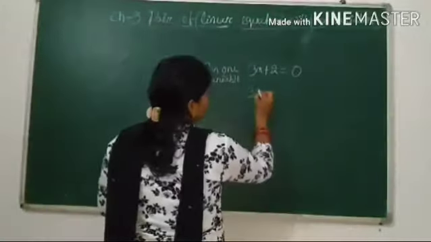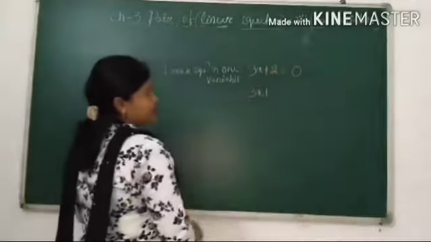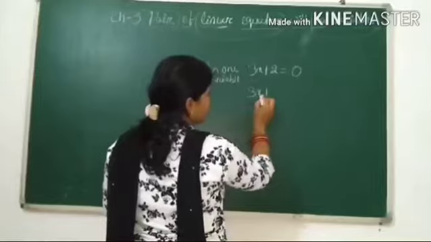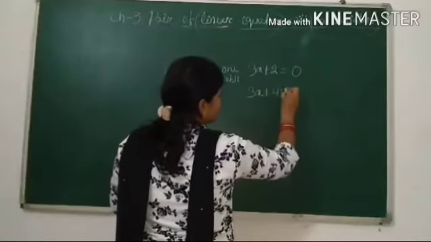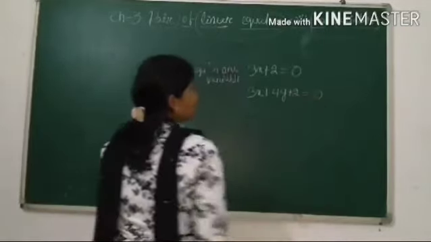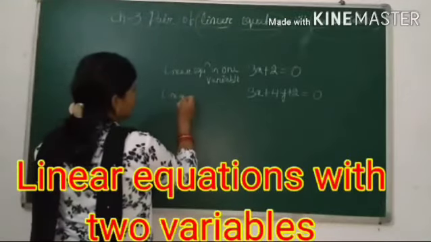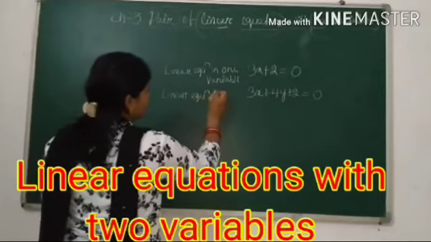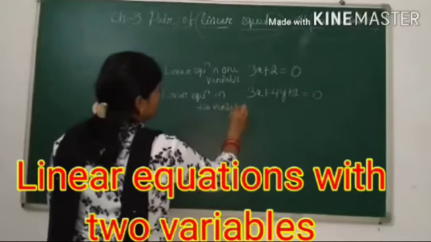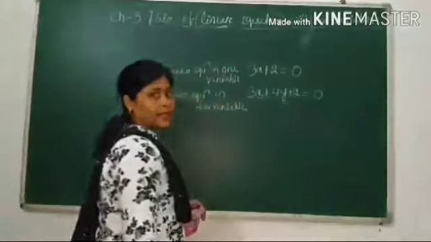Now the second part is linear equation with two variables. Your equation is 3x plus 4y plus 2 is equal to 0. This is an example of a linear equation in two variables. Here x is one variable and y is another variable.